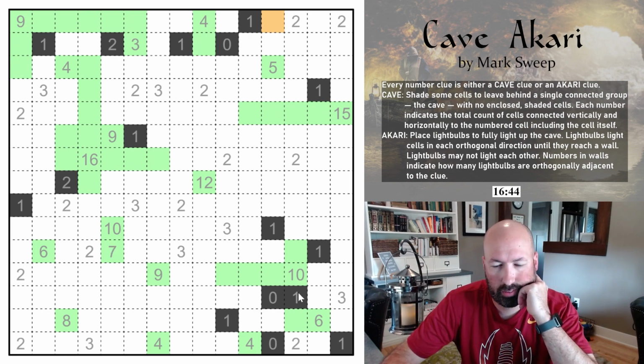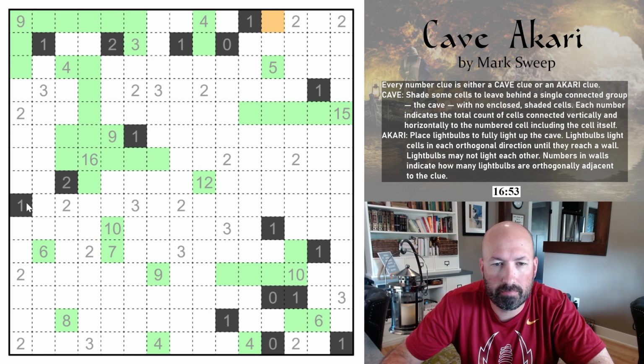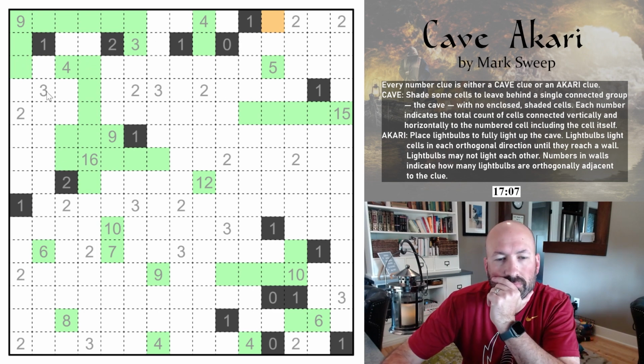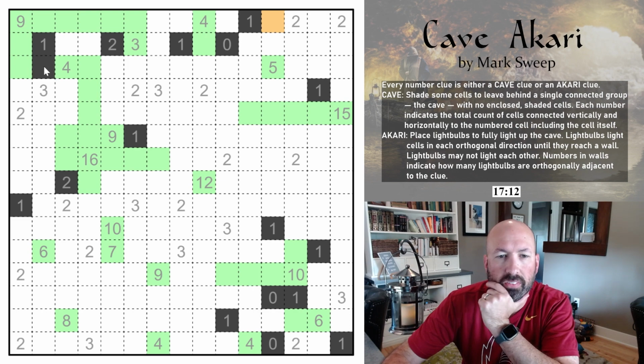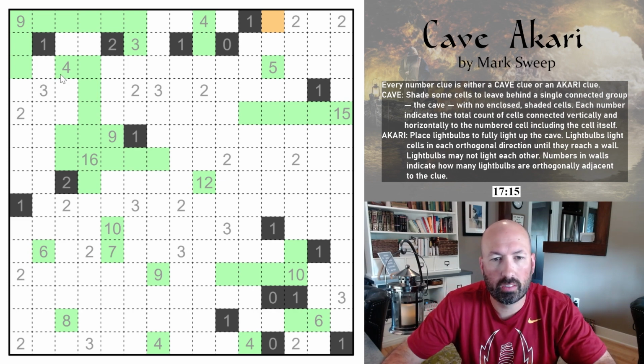So where is the place to look here? I feel like there's something up here because these grays need to connect somehow out. Either out this way or this way.